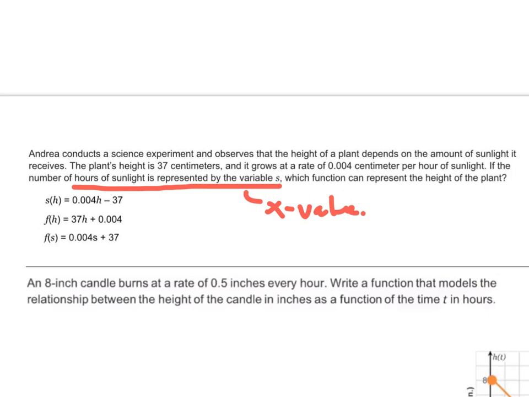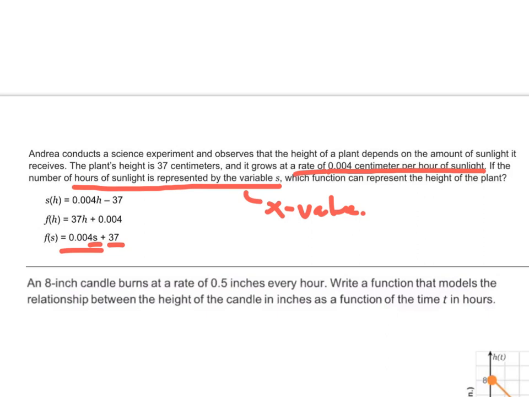What I notice is that in each of these, S is the only independent variable in this last one. So it's right there. We start out at 37 centimeters, and then we grow by 0.004 centimeters per hour of sunlight. That kind of helps me too. 0.004 centimeters per hour of sunlight, so that's a rate.